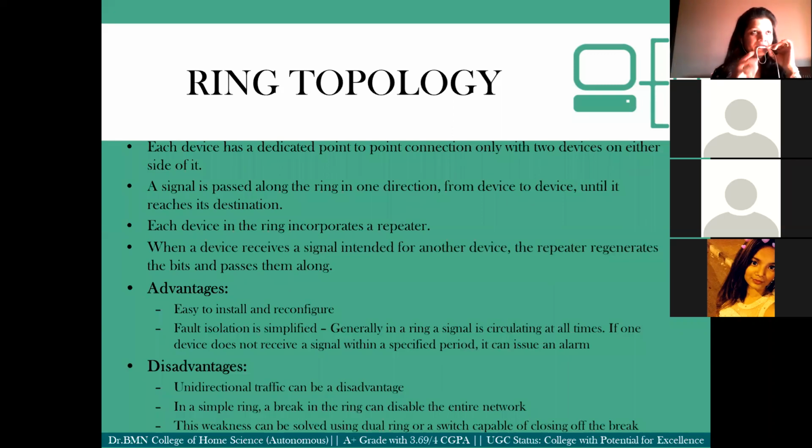Are you understanding? I'm not talking about message transmission right now. I'm talking about a trial signal, a signal which is constantly moving in the ring, as long as the network is on.